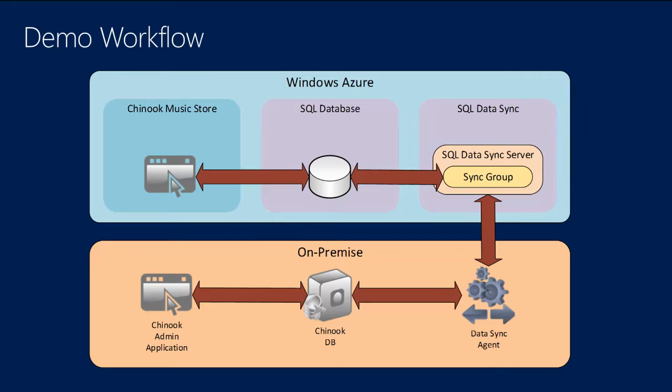And when the synchronization gets fired off, the data sync agent will work with the SQL data sync server that's up in Azure, and it will send that data to the SQL database in Azure, and potentially we could get that data out through maybe a Chinook Music Store website. So this is a great scenario that we could show for using data sync.